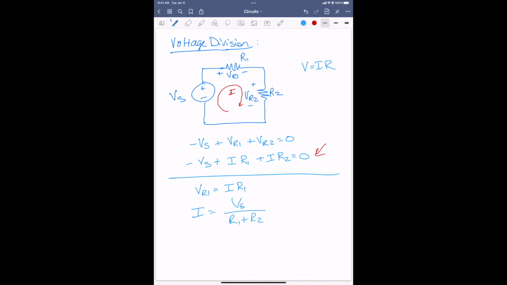I just solved the equation for I. Now we can plug in I for VR1, and we find that VR1 is equal to Vs times R1 over R1 plus R2. Similarly, we can write the equation for VR2 as I times R2, which gives us Vs over R1 plus R2 times R2, which is Vs times R2 over R1 plus R2.